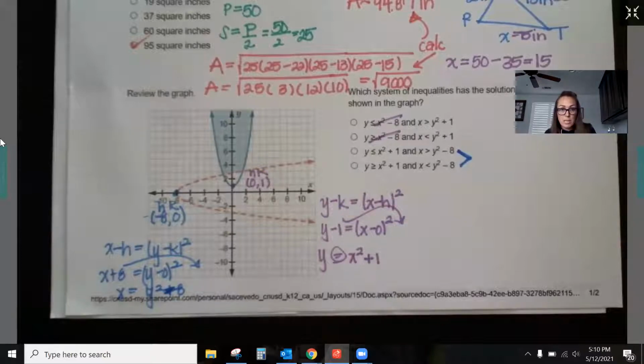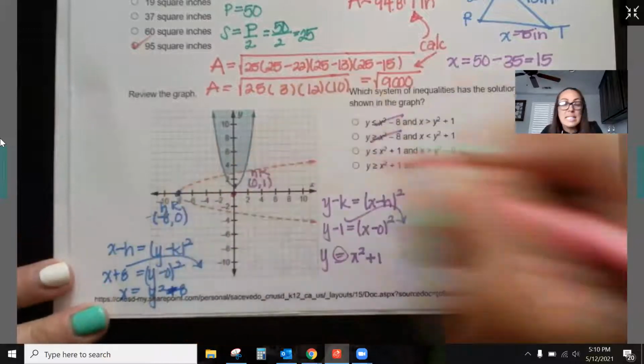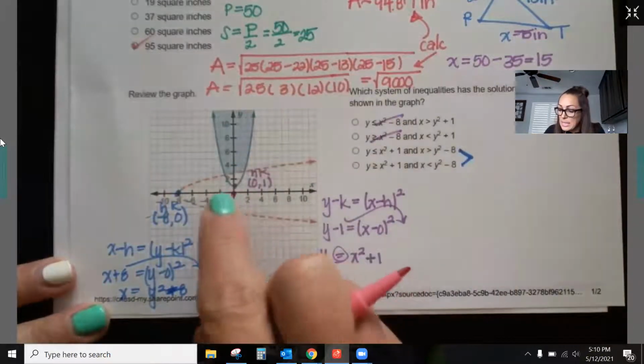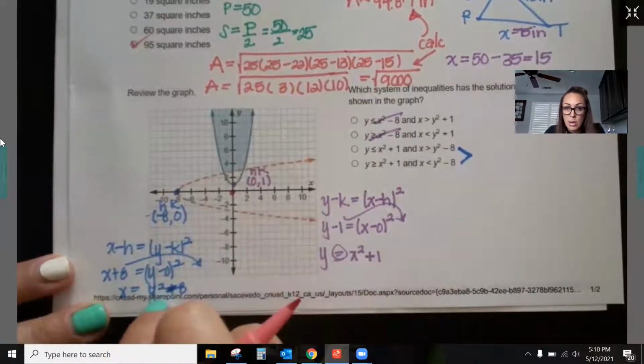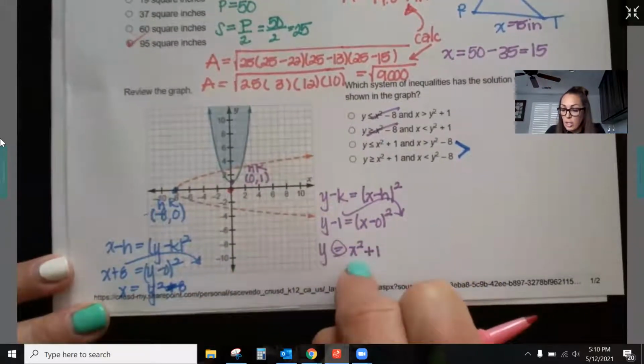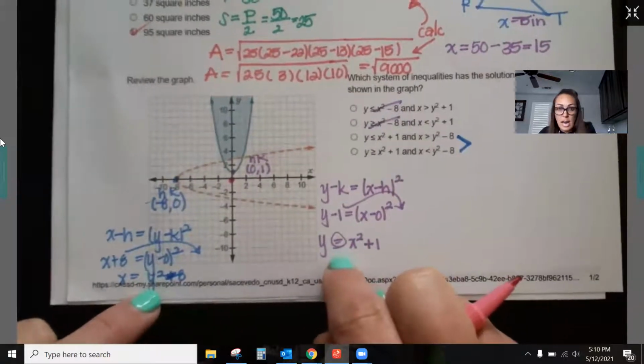So pick a point. Pick a point. If I pick this point right here at 0, 0, it is neither in this equation here, it's not in this equation, and it's not in this equation. So they would both have to be not true because it's not in either of them.